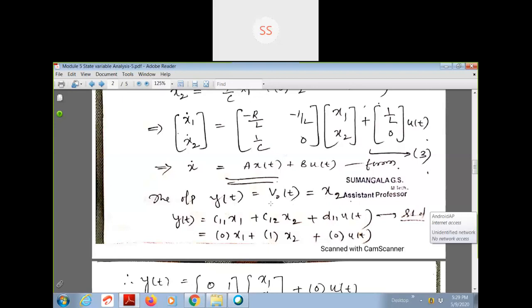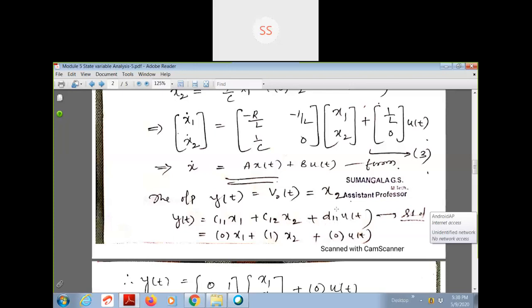Now again we will represent y of t in the standard format. Here I have written STD, standard format. In the standard format you get C terms as well as D terms. The standard format is C11 into x1 plus C12 into x2. This is because we have only two state variables. Plus d11 into u of t.